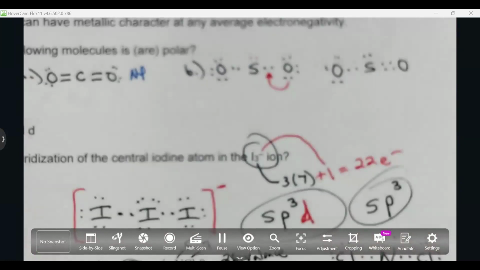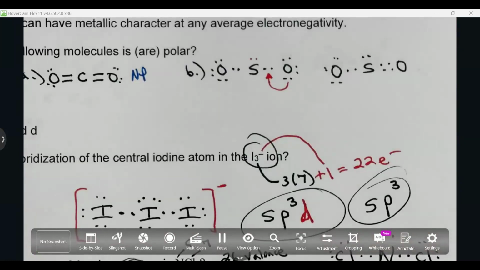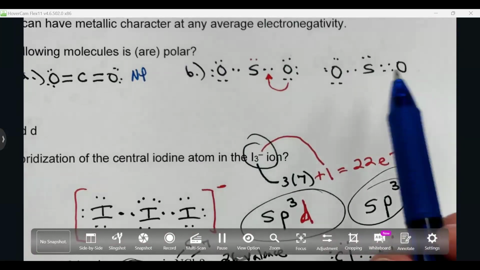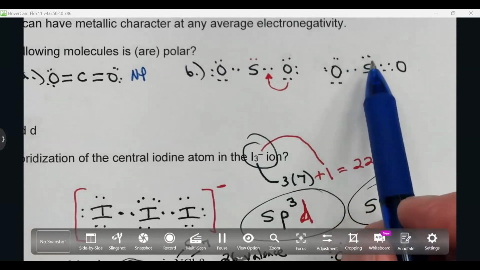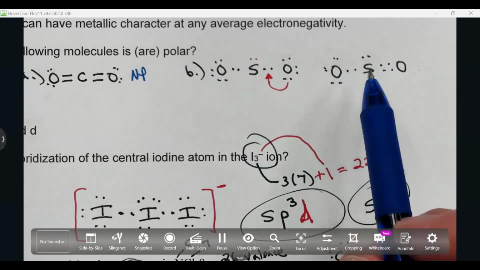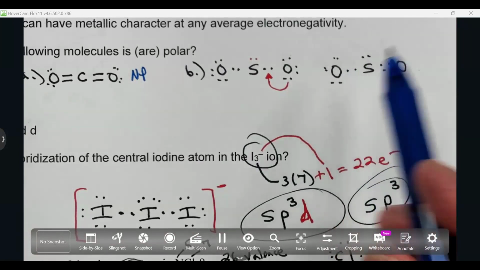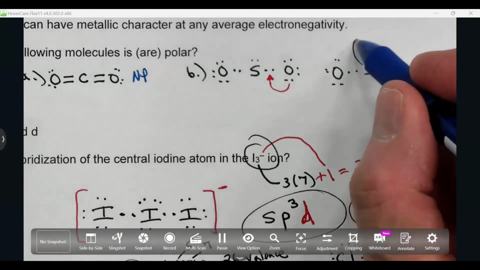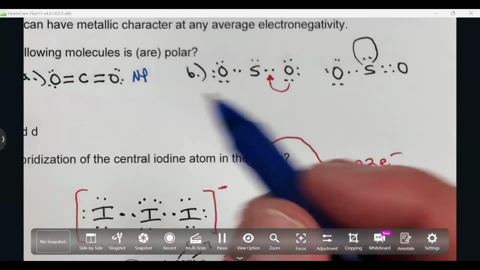One or the other. Okay, this leaves us with a non-bonded pair, so this should be polar. That should make that polar.